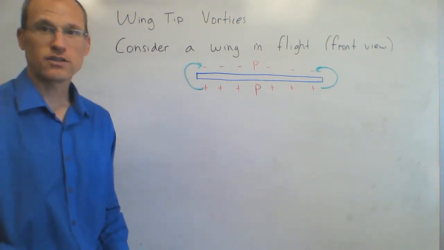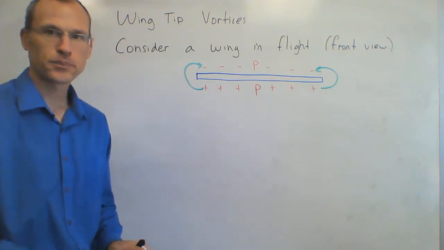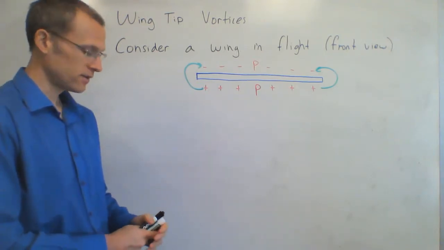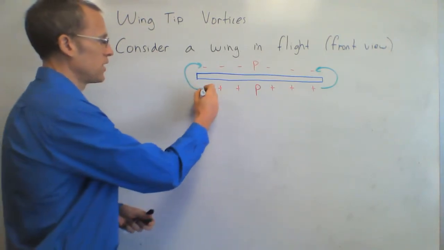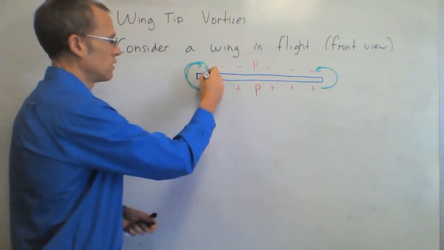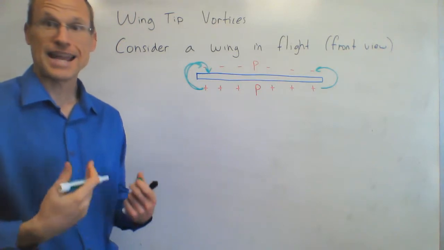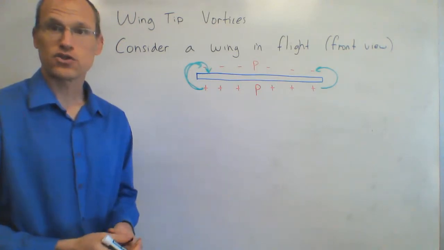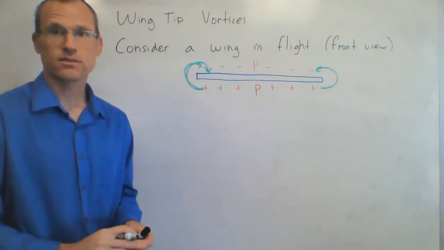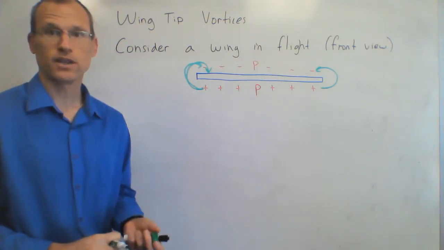Now these are actually not good for 2 reasons. One reason is if you look at this, I have this air coming around, and as it's coming around, it's basically pushing down on the top of the wing. If you're pushing down on the top of the wing, that's going to reduce your amount of lift. So one thing that these things do is actually reduce the amount of lift.